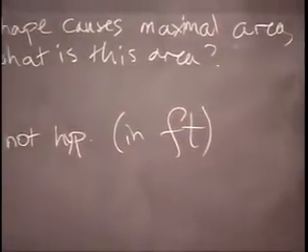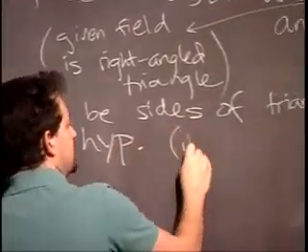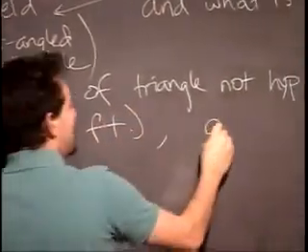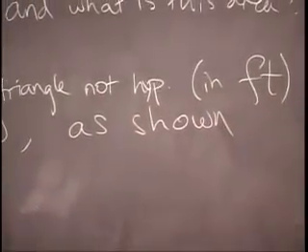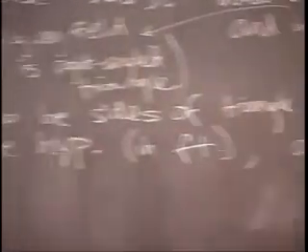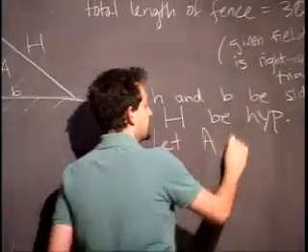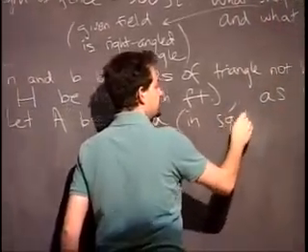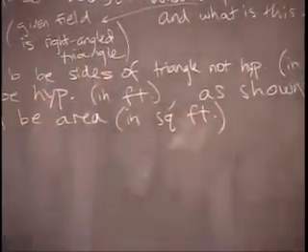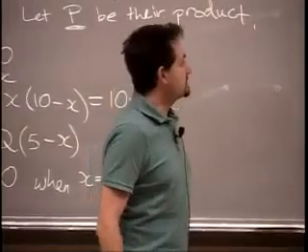And let H be the hypotenuse in feet, as shown. And in my solution, I reproduce the picture. Why not? Just sketch it out on your exam paper. Let A be the area in square feet. Okay? That's a good idea. Write all that down. Okay, so that's step one.